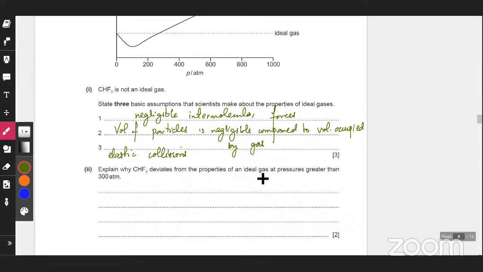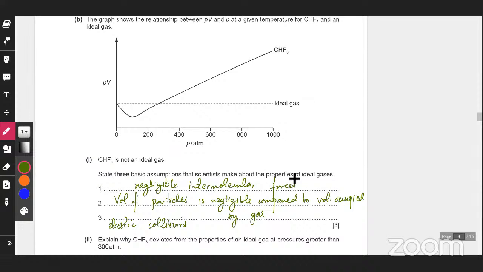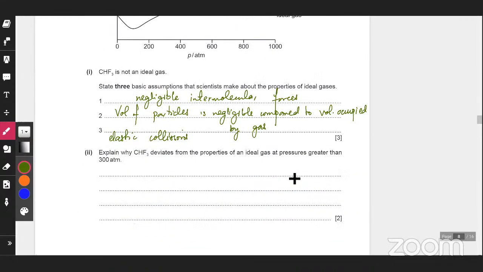So those are three assumptions. Explain why CH3F3 deviates from properties of an ideal gas at pressure greater than 300 atmospheres. So what's happening at this point at higher pressures? Why does it deviate? The reason is that pressure is inversely proportional to volume. I'm going to explain it over here.